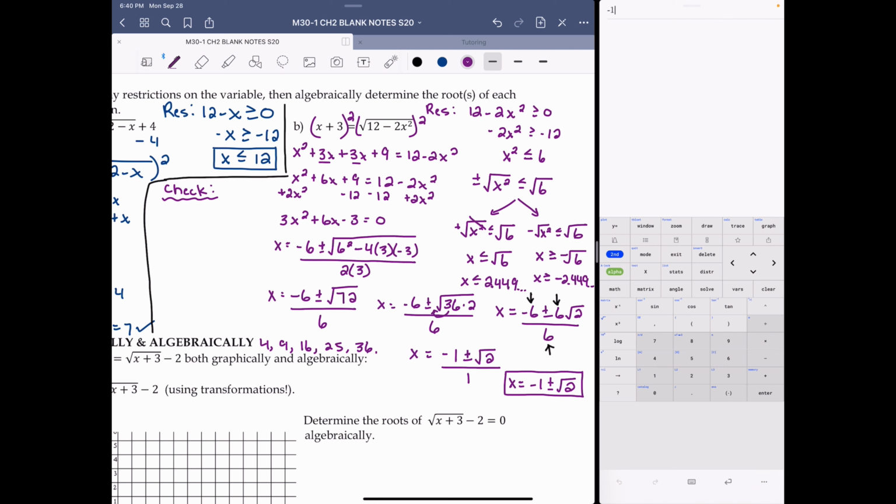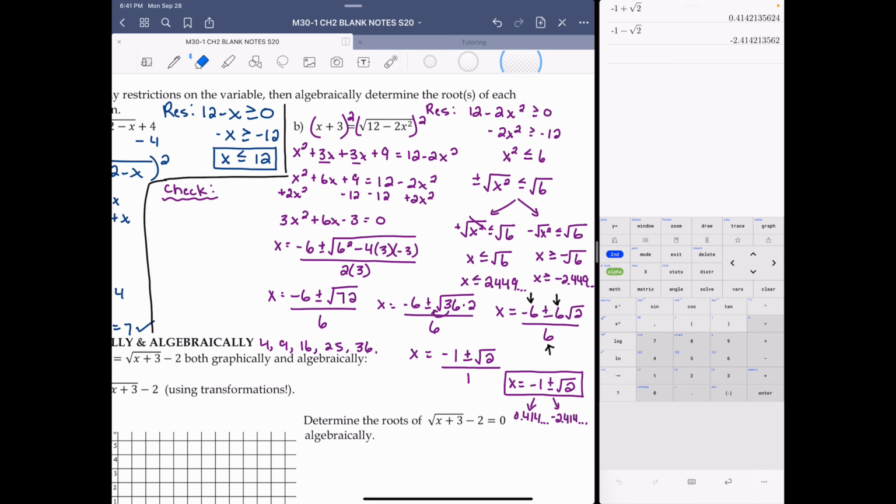So calculate negative 1 plus square root 2, which is 0.414, and then negative 1 minus square root 2 is negative 2.414, etc. So when we plug these in, because we're rounding, we might not get exactly the same thing on the left side and the right side, but we should get something pretty darn close. Okay, so if you use at least a few numbers after the decimal, you should get something very close.